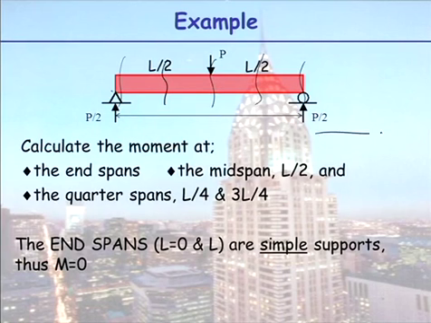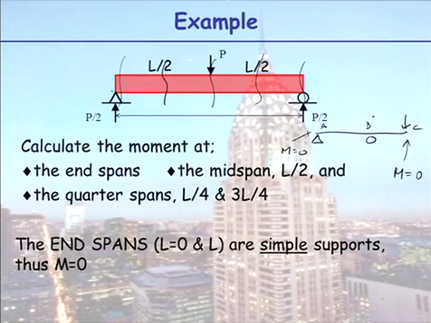If I, however, had a system that looked like that, where is my bending moment 0 here? Is it 0 at A, B, C? It's 0 at A, it's 0 at C, but my beam runs continuous over that support.